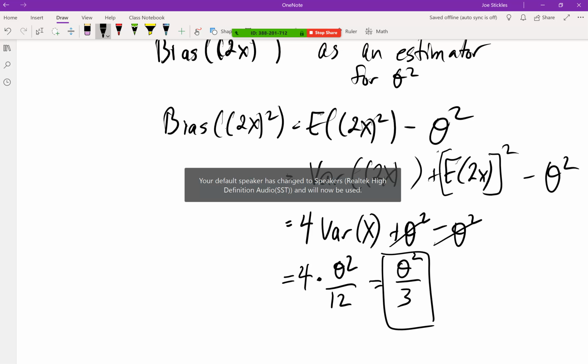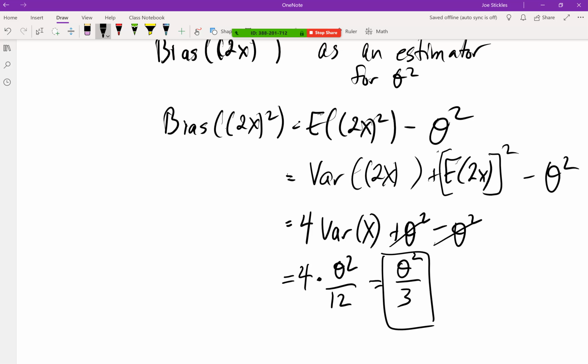Any questions on that at all? The bias that's in the 2x quantity squared. Basically, on average, it's how far it's off. And the way we have it defined, it's actually going to be too high because it's a positive value.